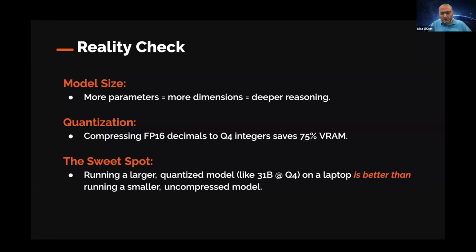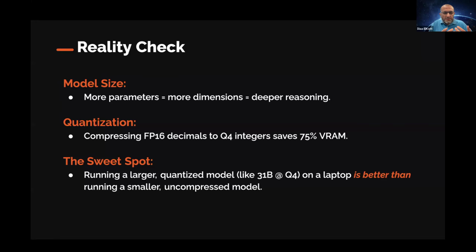When we quantize a model, we reduce greatly the amount of RAM, video RAM, needed for running it. But at the same time, we also lose a little bit of the accuracy in the reasoning. And again, it's a trade-off. So it all depends on the application.